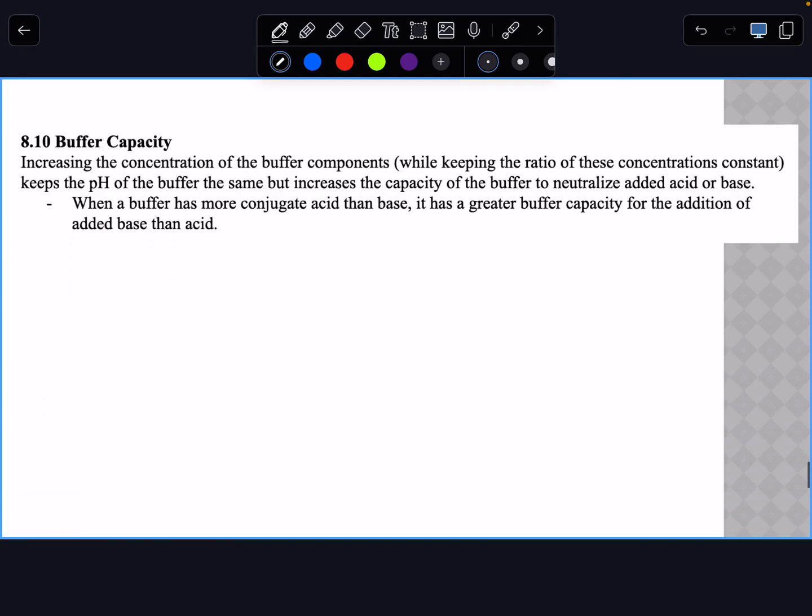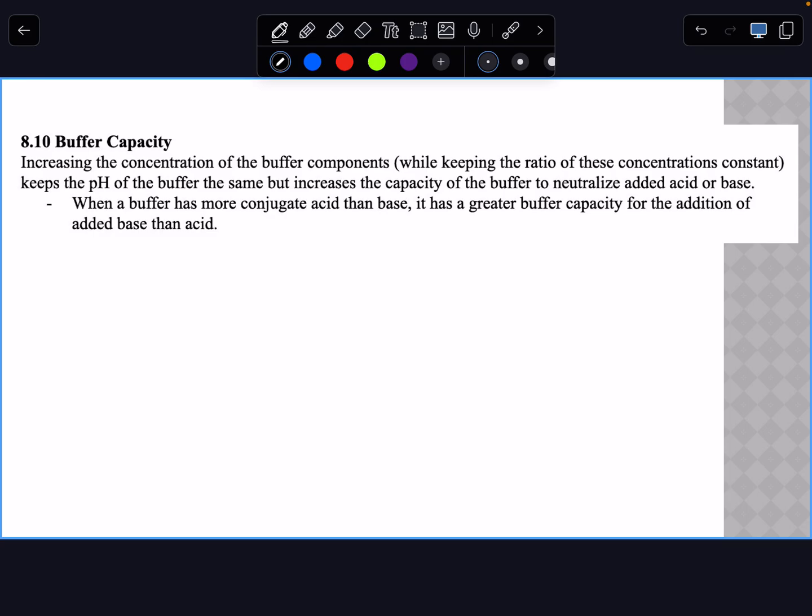All right, last two little pieces here. Topic-wise, we're jumping to 8.10 because it's still about buffers, so I just want to talk about buffers all at the same time. We already mentioned this, but to close on buffers today, buffers have a capacity, right? You can't infinitely pour acid into them and have them always maintain the pH. Eventually, what runs out? If I'm adding acid in, then you run out of A-.